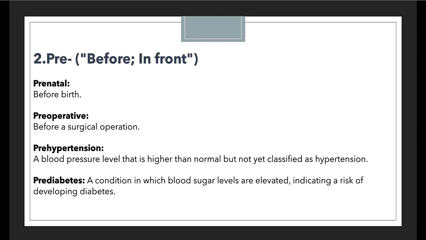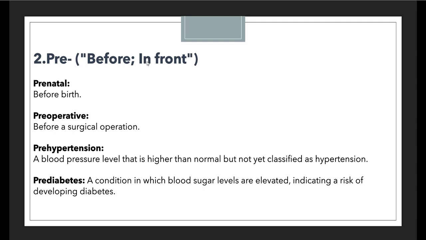So in that case, if diabetes has been developed, then we will use the diabetes terminology. Otherwise we will use the terminology pre-diabetes, because the condition is not so high that it is considered diabetes. So this is the main purpose of the prefix, which is used to showcase something else before.